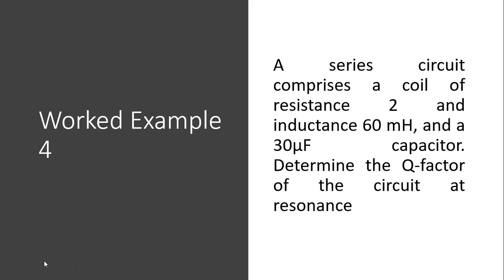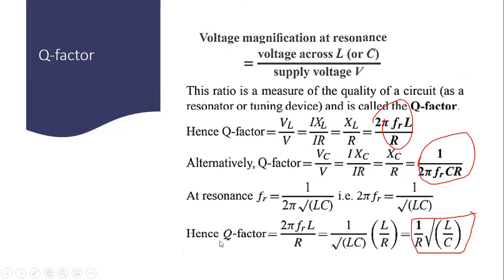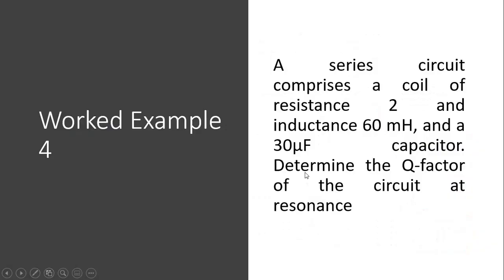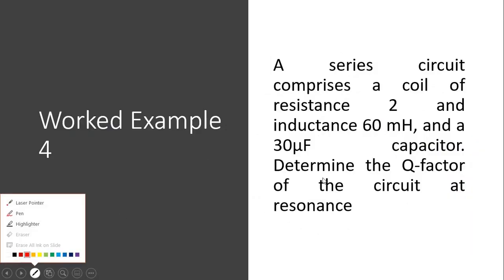A series circuit comprises a coil of 2 ohms, an inductance of 60 millihenry, and a 30 microfarad capacitor. Determine the Q factor of the circuit at resonance. So we know what happens at resonance. Let's go back to the question. What were we given? Let's write them out.